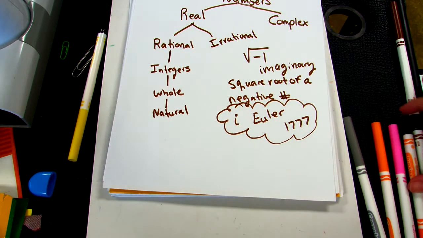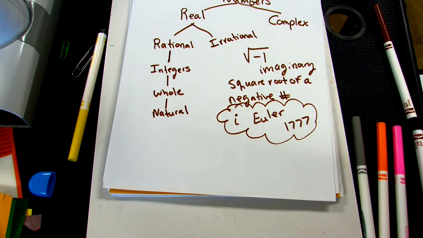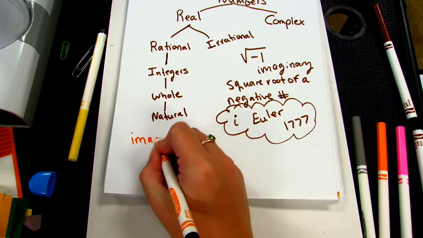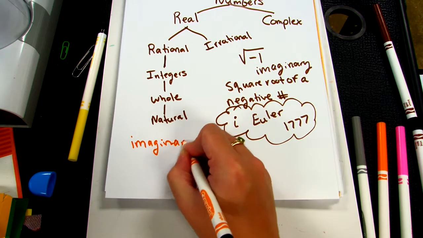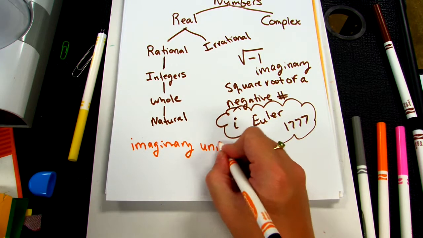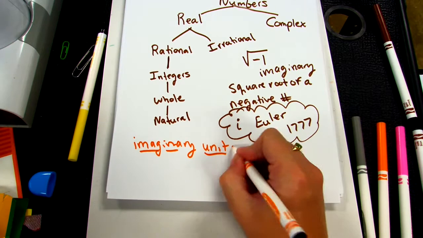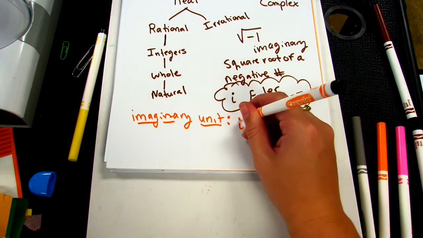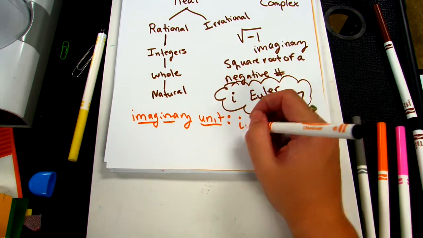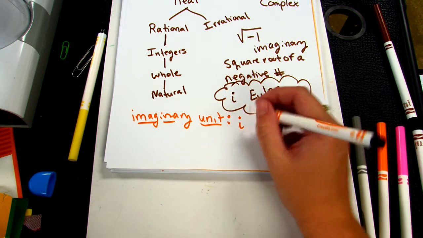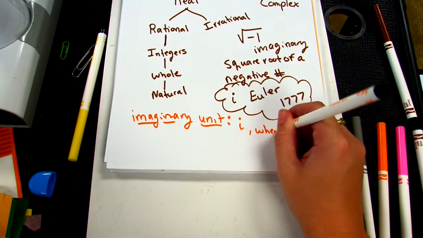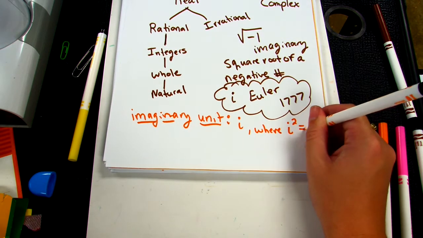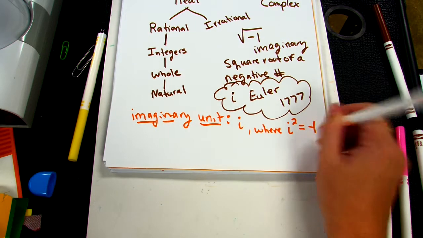I want to give you the definition of an imaginary unit. We define an imaginary unit as i, where if you were to do i squared, you would get -1.